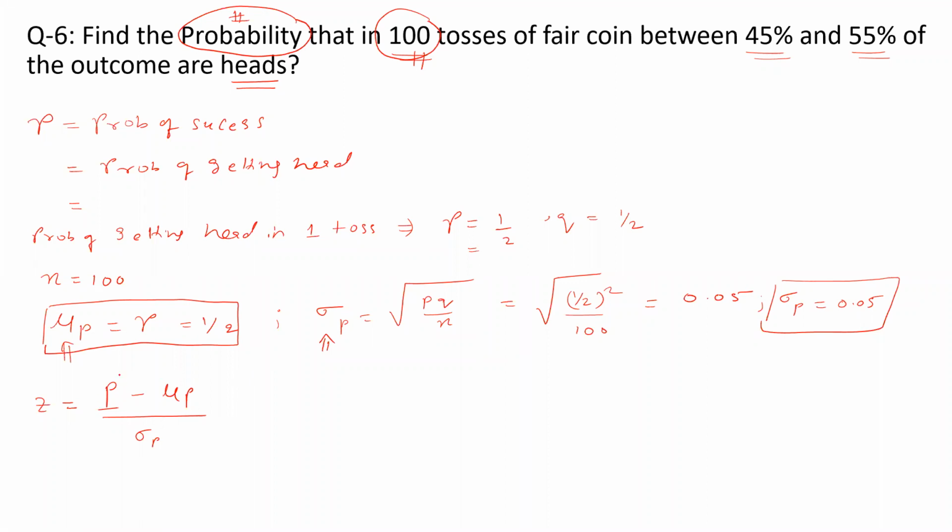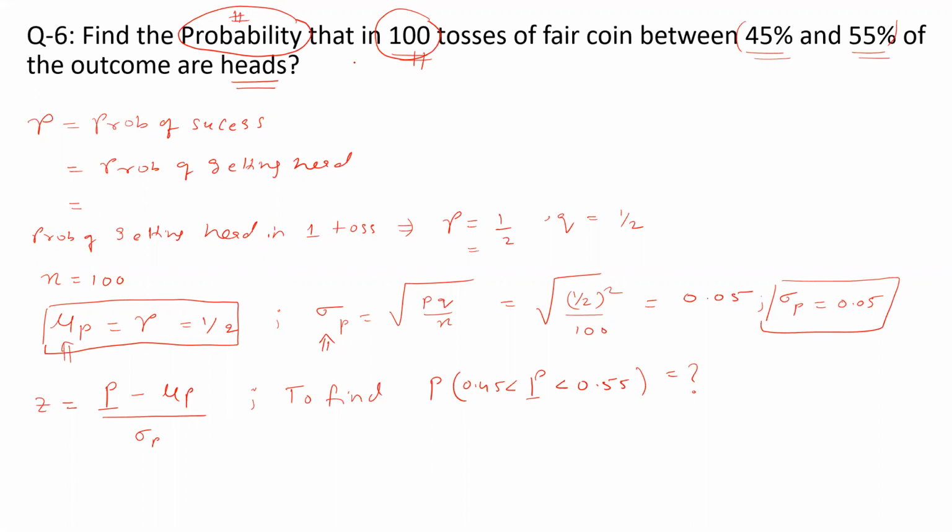Now why have I put capital P here? This capital P represents the probability between 45% to 55%. So basically what we need to find is the probability that your proportion, capital P, lies between 0.45 and 0.55.